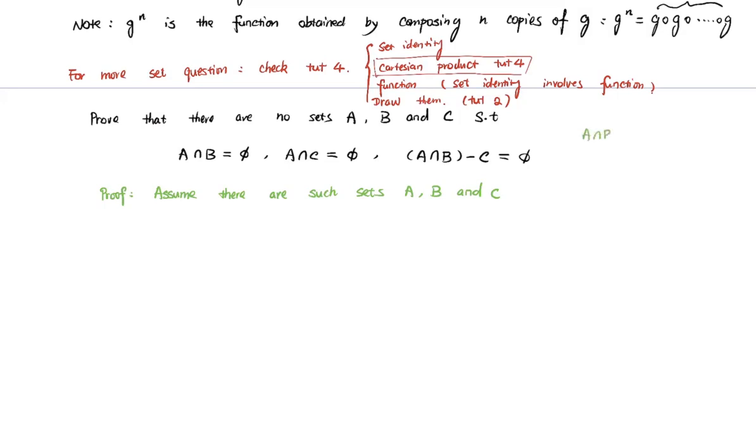A intersect B minus C. That means X is empty.